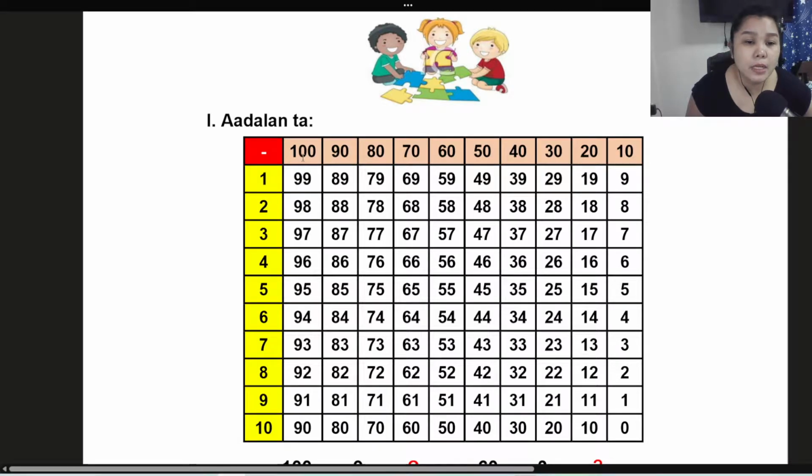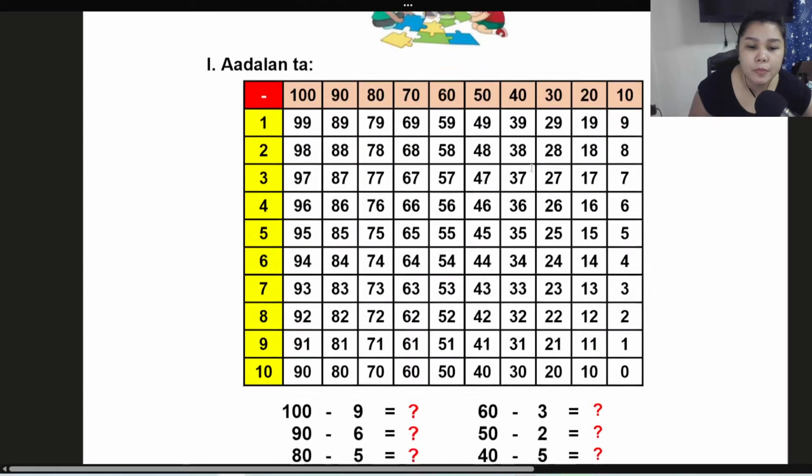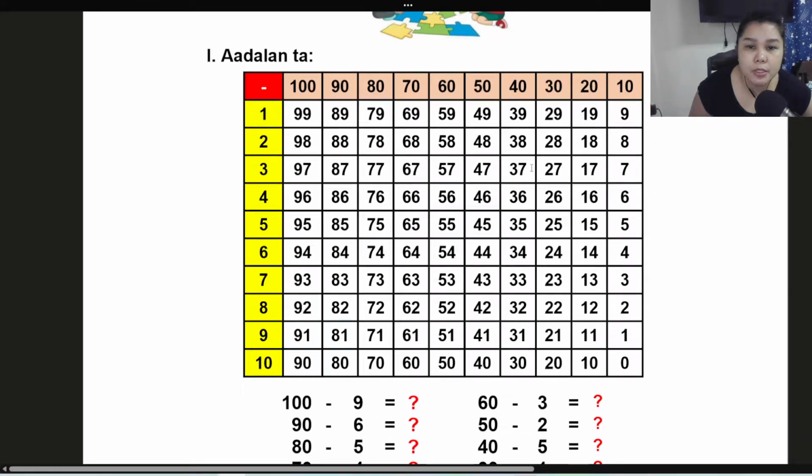Okay, so 100 minus 99 equals 1, or 100 minus 1 equals 99. So there is a pattern. For example, 100 minus 9.